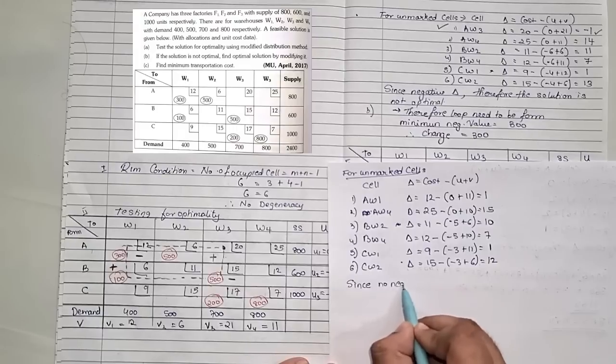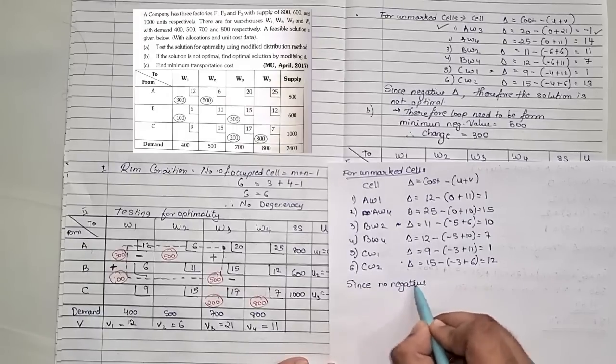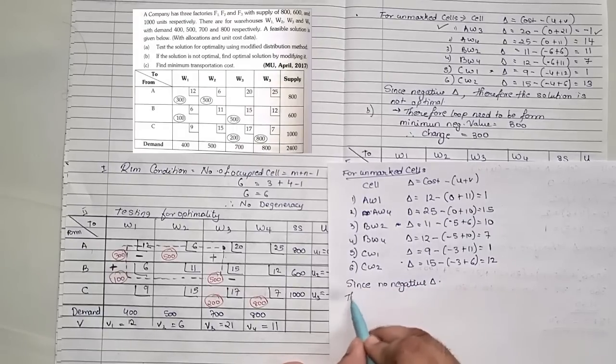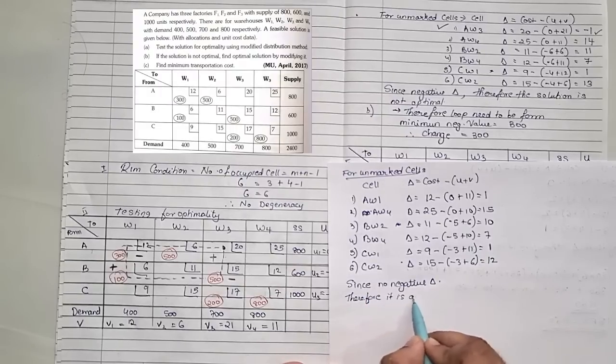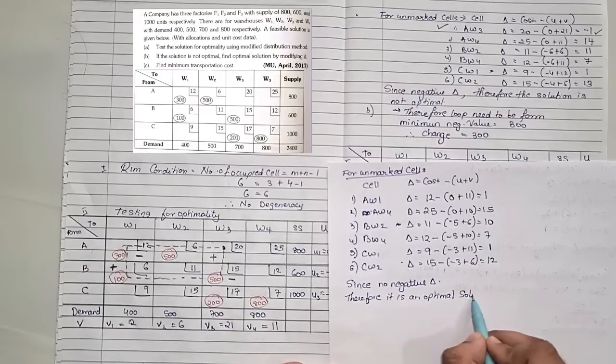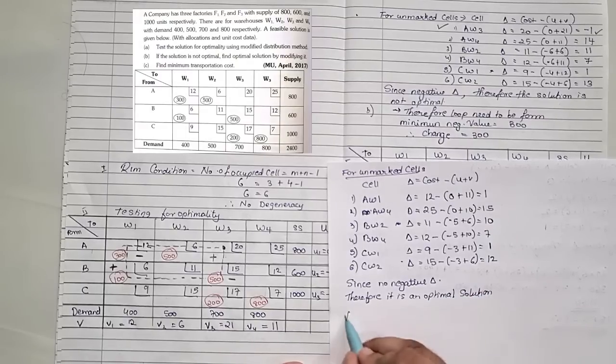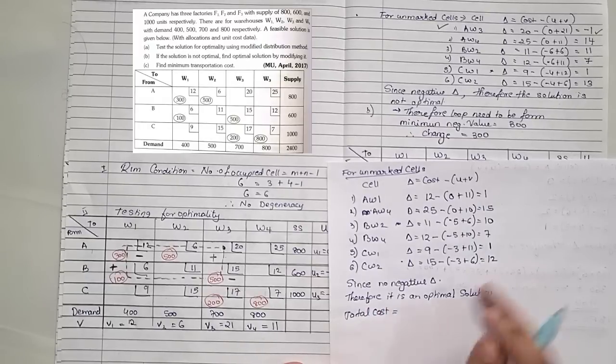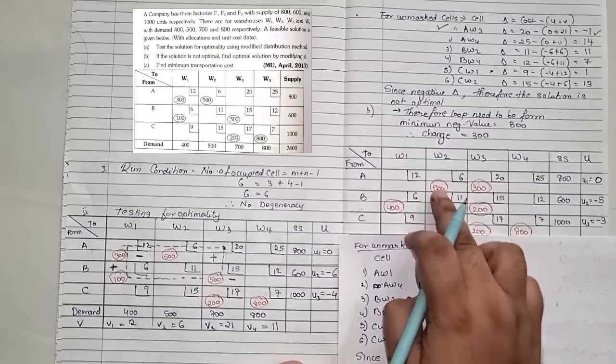Since we have no negative change, therefore it is an optimal solution. Therefore our total cost is equal to, so for total cost we'll check here what values we have got.